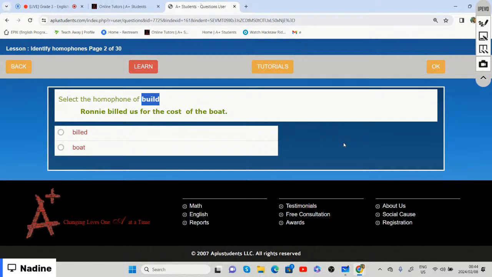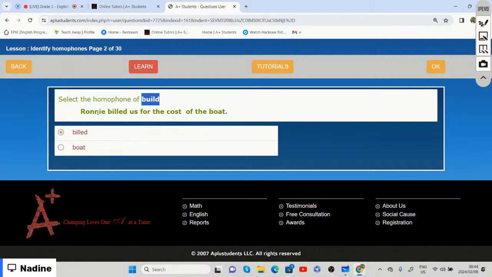So build, is it BILLED, which is the homophone, or BOAT? And if we find the homophone of the word build, then we will go with the first option, right?